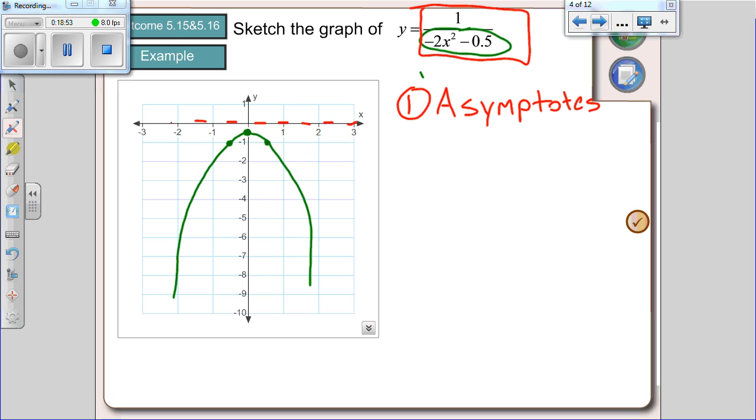Now you need your vertical asymptotes. If you're looking at a graph, your vertical asymptotes happen wherever you have an x-intercept. Where's our x-intercept on this graph? You don't have one. That means you don't have a vertical asymptote. So you've already done your asymptotes. You've drawn them in. That's excellent.